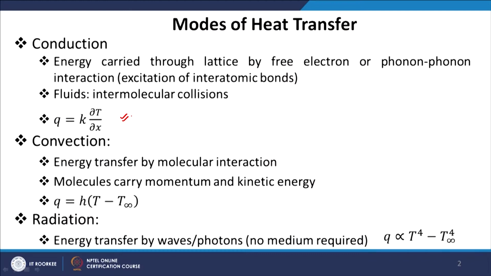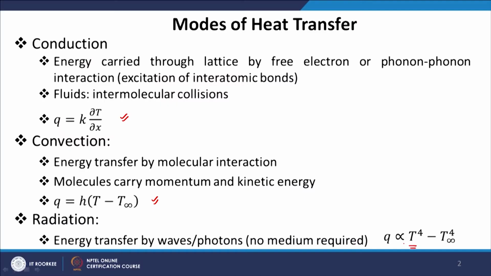But again, convective heat transfer is also a local effect. Also in conduction, the heat flux is proportional to the gradient of temperature, which is a linear dependence on temperature, and in convective heat transfer also the heat flux is a linear function of the temperature of the fluid. On the other hand, radiation is not a local phenomenon.